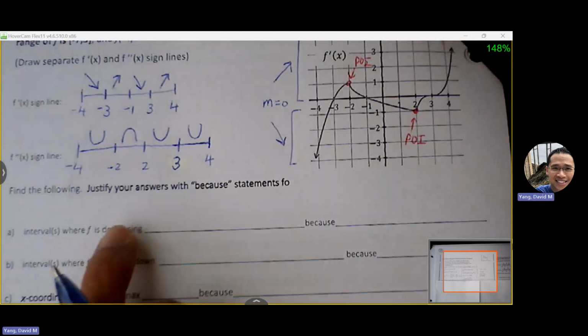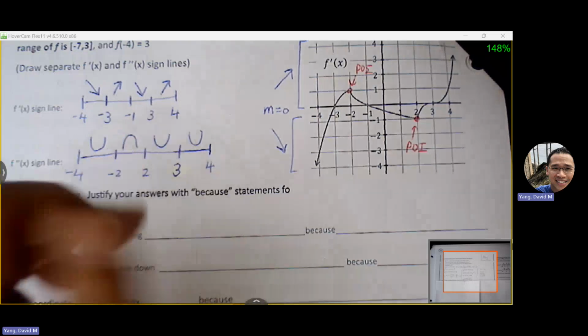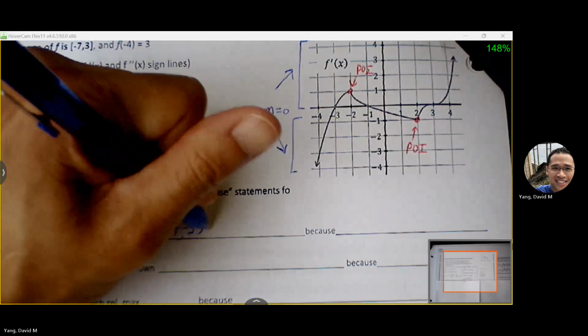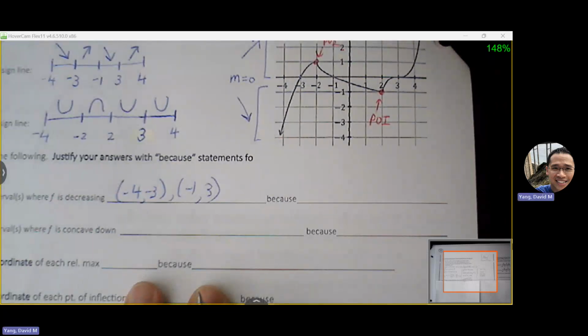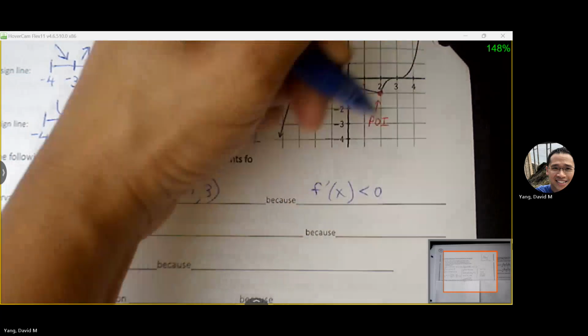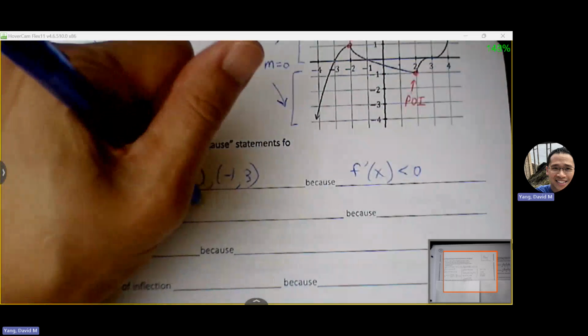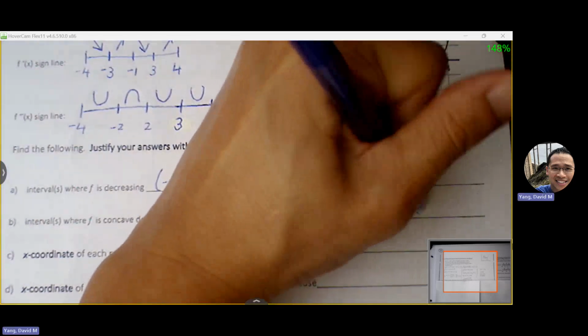Okay, so intervals decreasing. So we have -4 to -3. We also have -1 to 3. And our reasoning is because f prime is less than 0. Concave down from -2 to 2, because f double prime is less than 0.